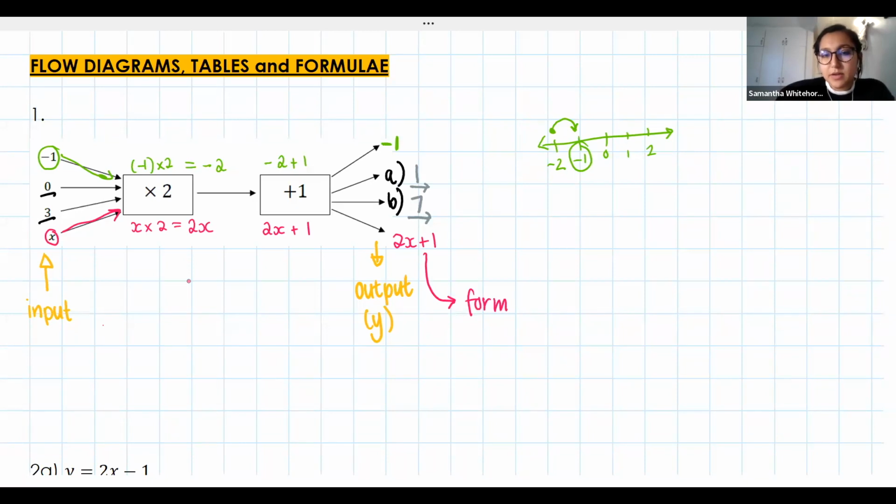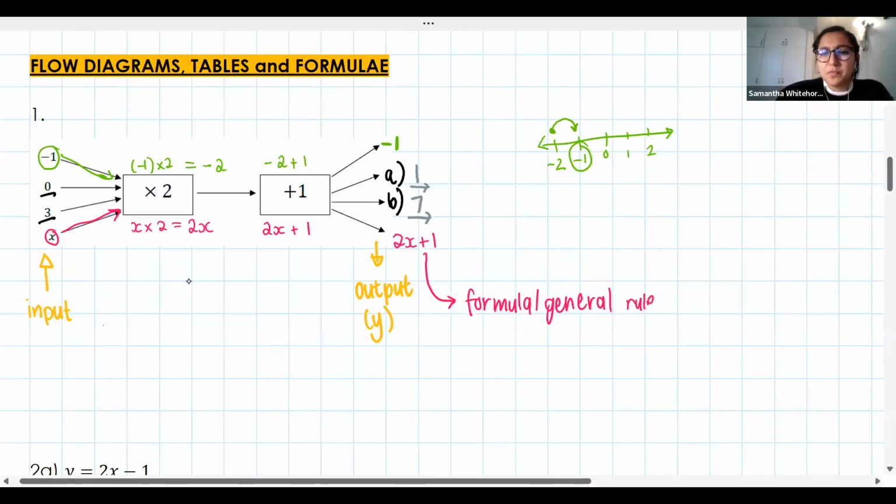But what this essentially is, guys, is a formula for this flow diagram. Okay, this is giving me a general rule that we can use to find any output or any input when we are given a value. General rule.